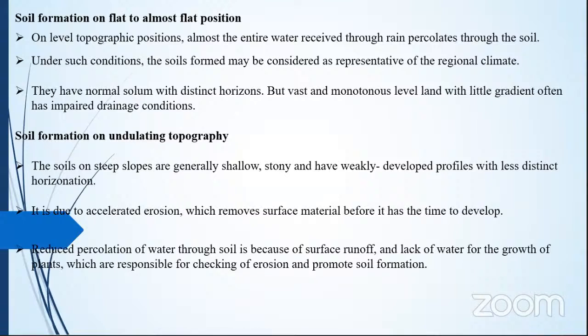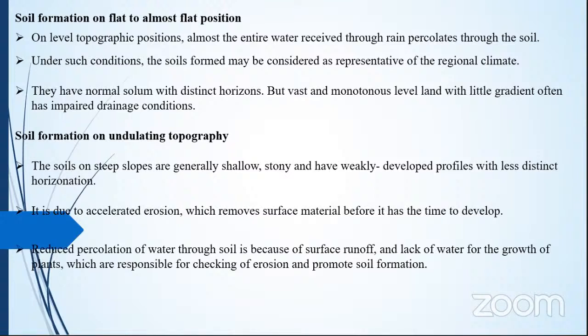Under such conditions, soil form may be considered a representative of the regional climate. Naturally, soils formed on the flat surface are representative of the climate of that particular area, because most of the rainwater percolates in that soil.